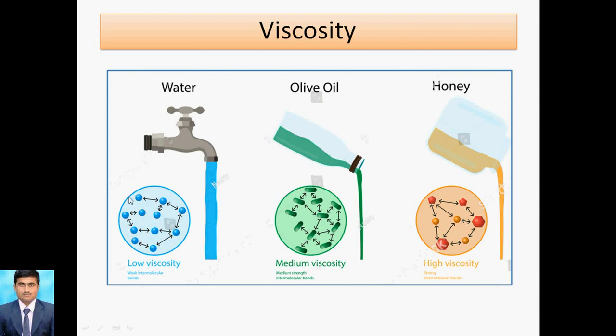For water, the bonding is loose compared to honey, that's why it is called low viscous. In the case of olive oil it is medium, because the strength of the intermolecular bond is medium, so it is called medium viscosity. This is the viscosity phenomenon and this is the example.